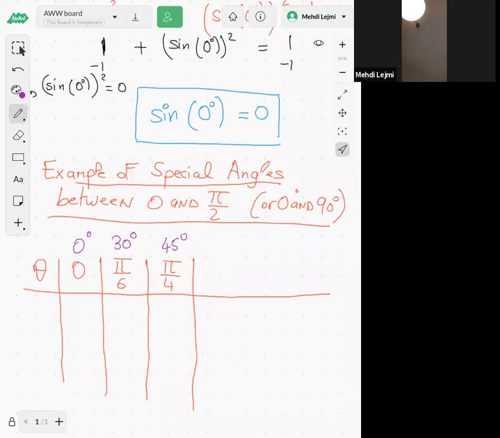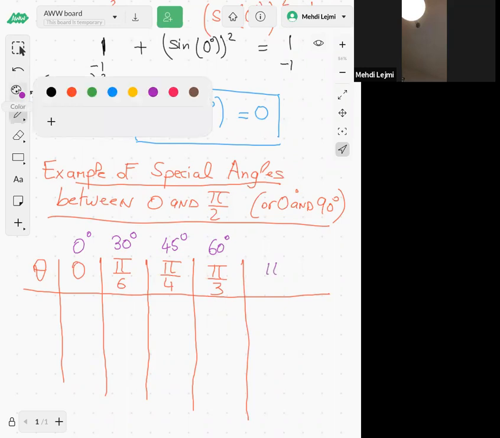Don't be scared, it's not that bad. And then the next angle would be pi over 3, which is 60 degrees. And the last angle, I'm gonna take just pi over 2, as I said, between 0 and pi over 2. So this is 90 degrees.